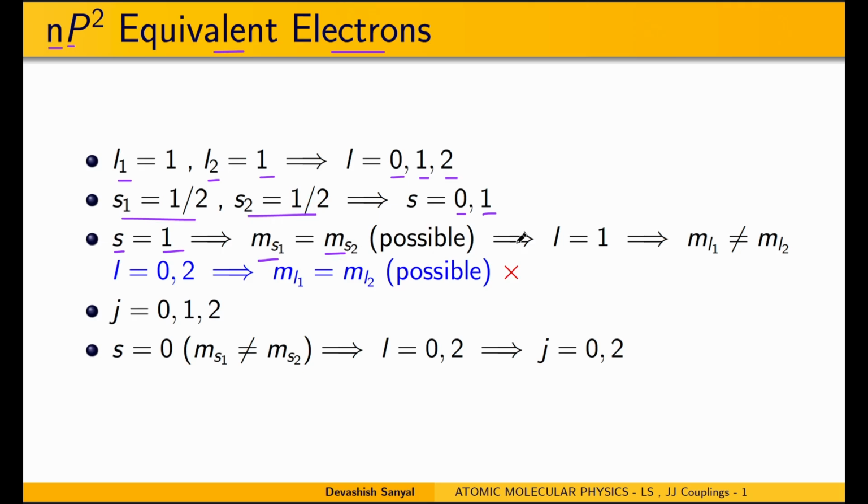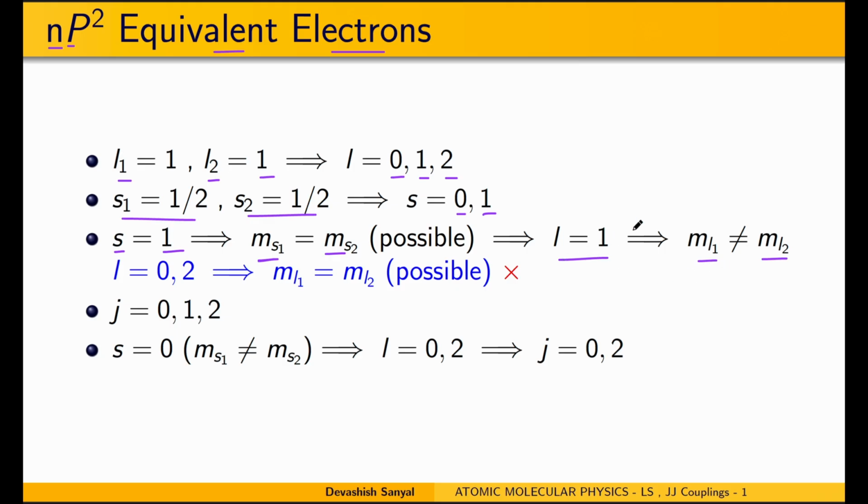So we have to make sure that the quantum numbers ml1 and ml2 should not be the same. If ml1 and ml2 can also be identical, then that's not a possibility. So if L is equal to 1, we can see that this condition is satisfied.